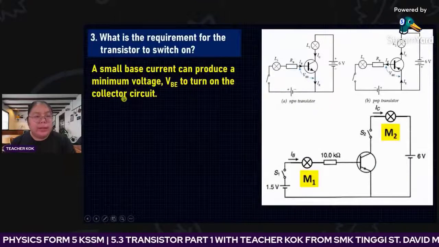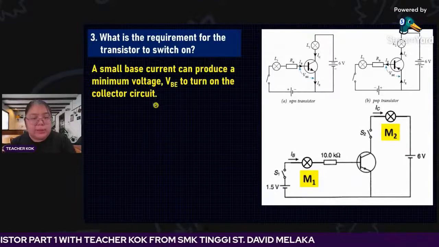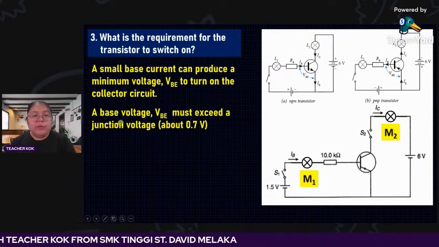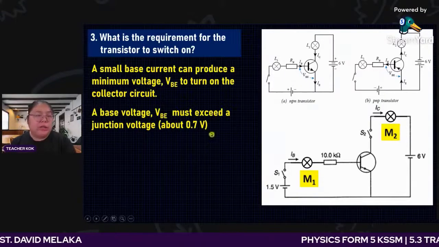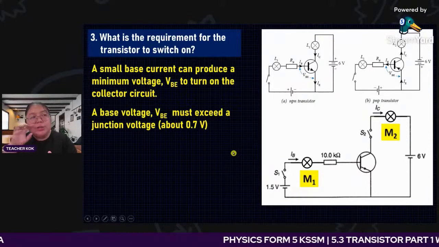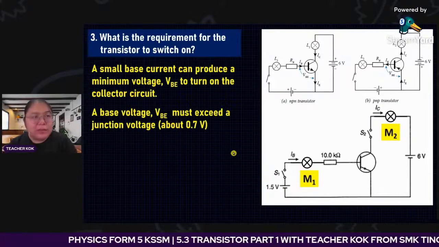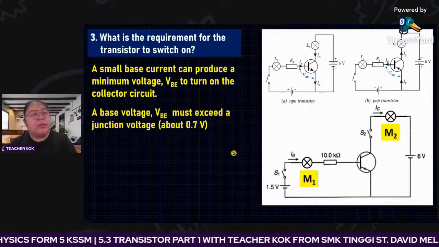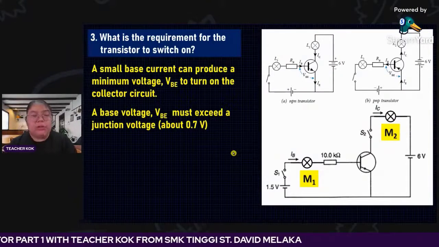To turn on the collector circuit, at least you must turn on the base. The base voltage VBE must exceed how much? The junction voltage. Remember the junction voltage? That means you must forward bias. The junction voltage is only 0.7. If you go more than 0.7, there is nothing more, you have overcome the junction voltage.